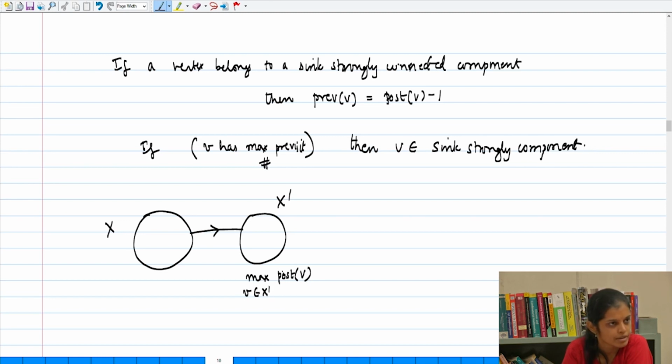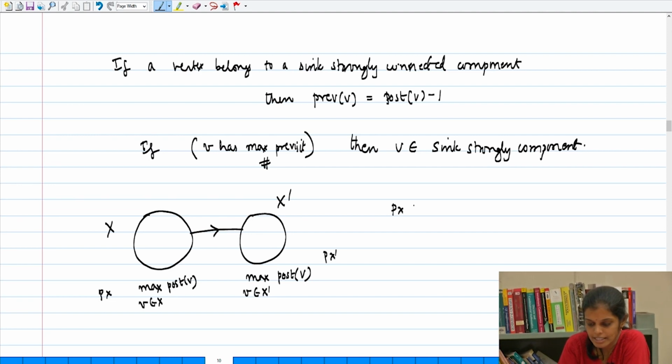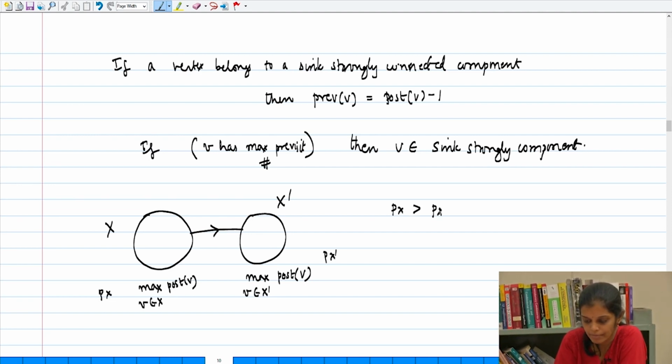You understand this term. And then max of post of V, where V belongs to x, right? These are the two terms. So my claim is that this number, let's call them Px and Px prime, I want to claim that Px is greater than Px prime, right?